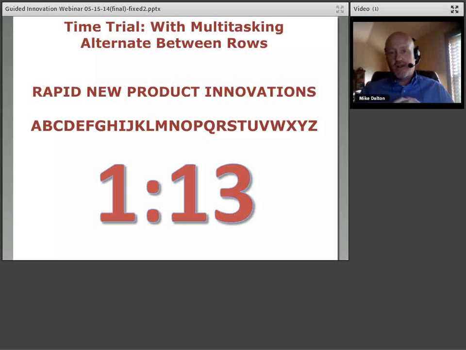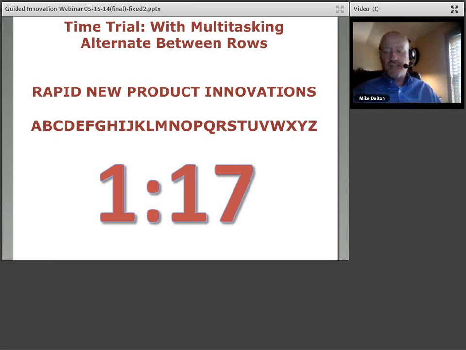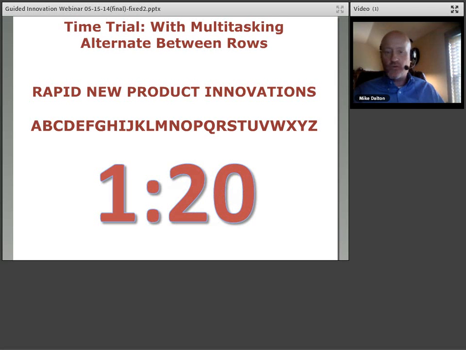And we're getting pretty close to where everybody should be finishing up. And when it gets to 120, where it is, we'll call it.